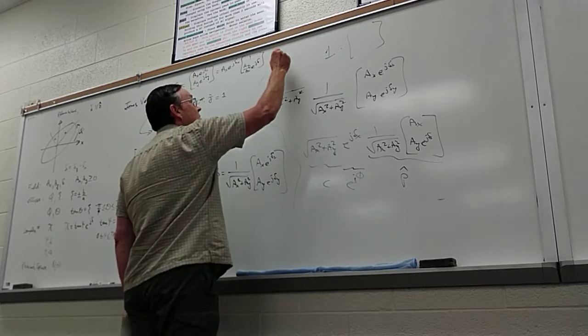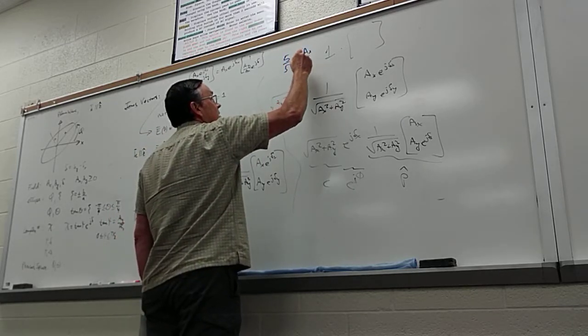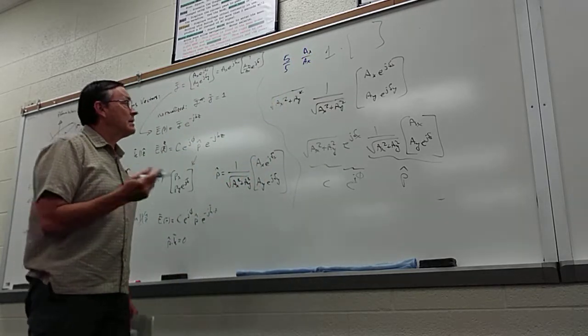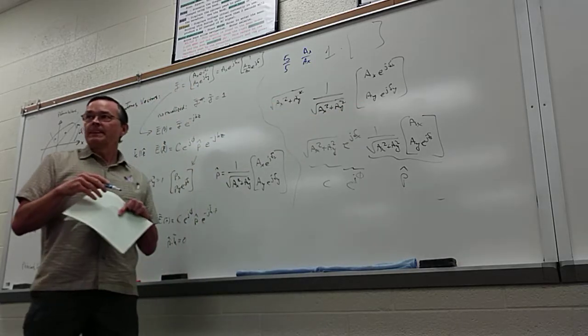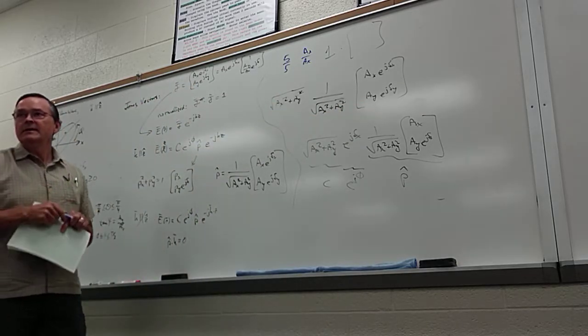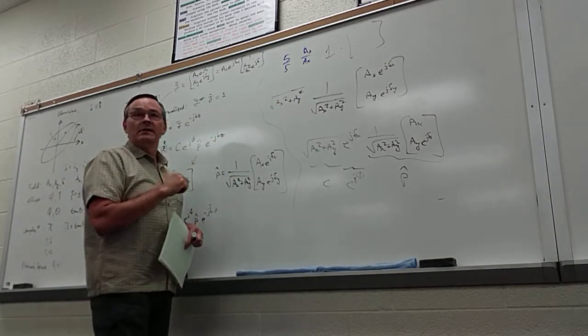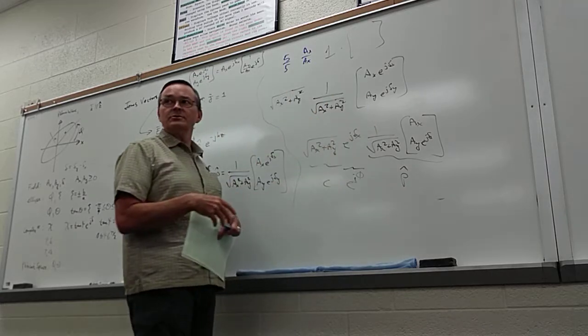We could say it's 5 over 5. We could say it's ax over ax. It doesn't matter. So why did we choose that? Because this is the magnitude of that vector. And if we're going to multiply by the magnitude, we better divide by the magnitude. And then if we take this divided by the magnitude, that's just the normalized version of it.